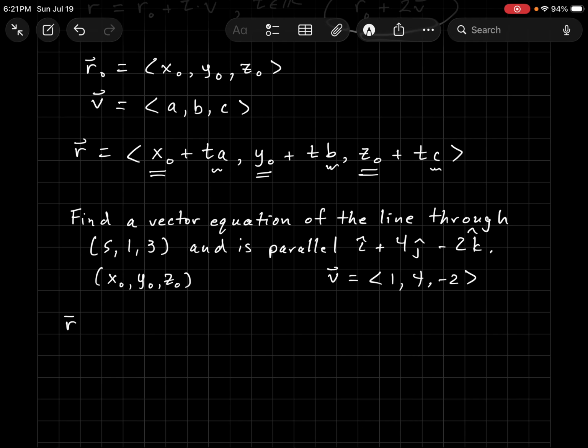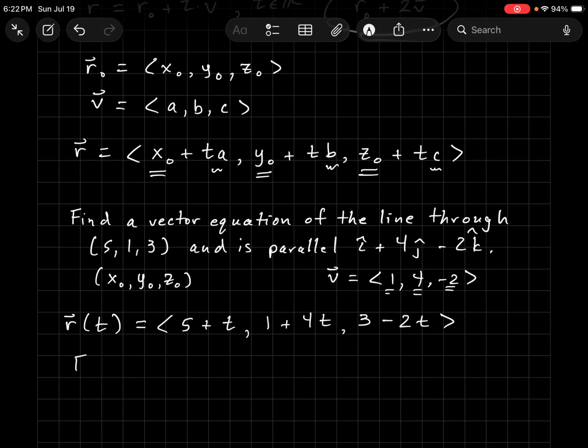And so the equation of my line, and I'll call it r of t because it's going to be a function of t, is going to be the vector equation: 5, my starting x, plus 1t, and then 1, my starting y, plus 4t, and then 3, my starting z, minus 2t. And there's the vector equation of a line.